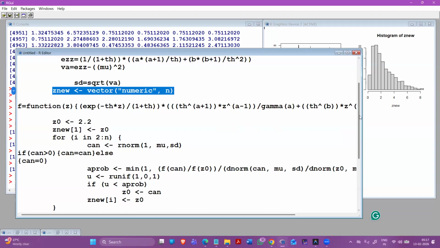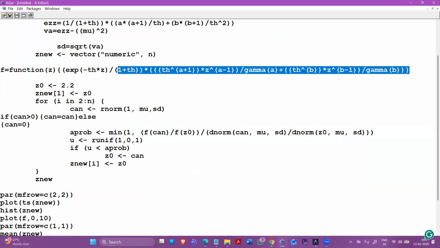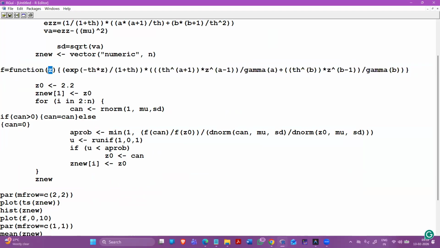All right. So in this function, we are introducing our PDF, and we are making it a function of Z, because here we have theta, A and B. All these terms are known, only Z is unknown, because we want to generate the values of Z, right?